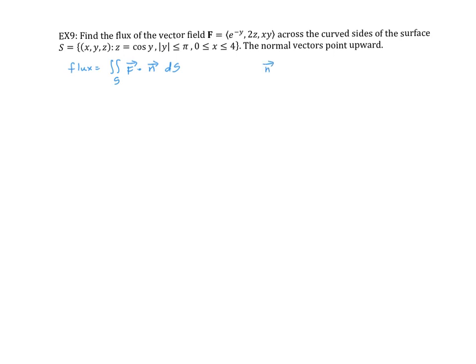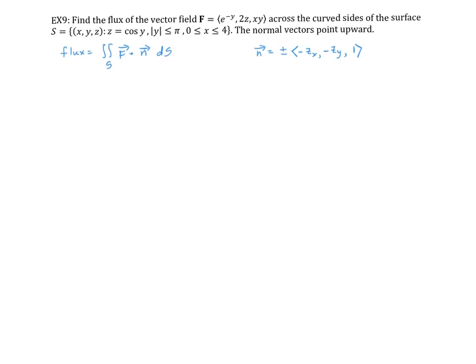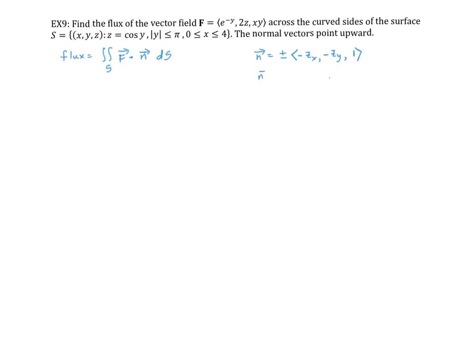Going back to our little cheat sheet, I know the normal vectors will look like this: plus or minus, negative partial of z with respect to x, negative partial of z with respect to y, 1. And then I could just choose the one that makes sense with this problem. So the partial derivative of z with respect to x, again this is my f, my g, and my h, and I have my z equal to cosine of y, so it's 0.